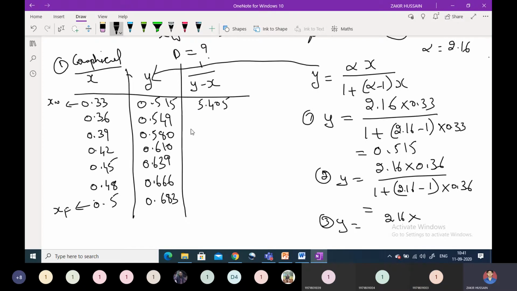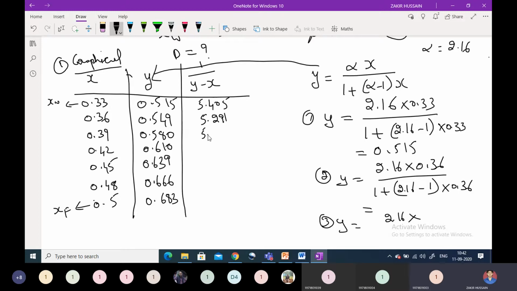Then the next one is 1 divided by (0.549 minus 0.36), which gives 5.291. I had taken 0.548, sir, that's why I got 5.319. Okay, no problem.